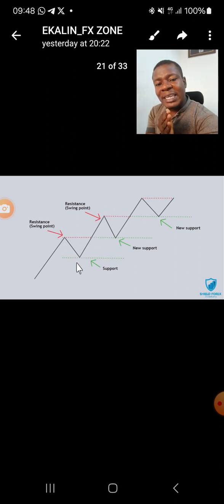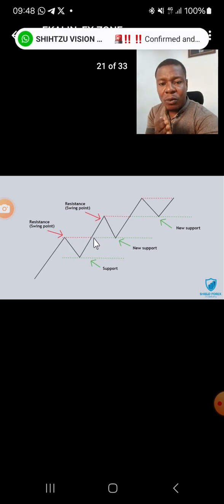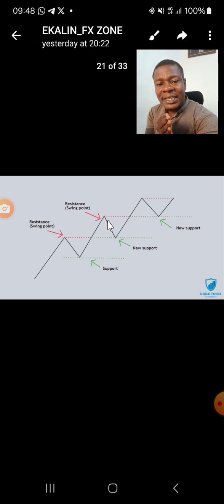So when the price makes an impulsive move up to break the resistance, this resistance will now tend to be a support because price is now above the resistance. So when price is coming down, it will come back to this line as a support. So this will be our new support. The previous resistance will now act as our new support.